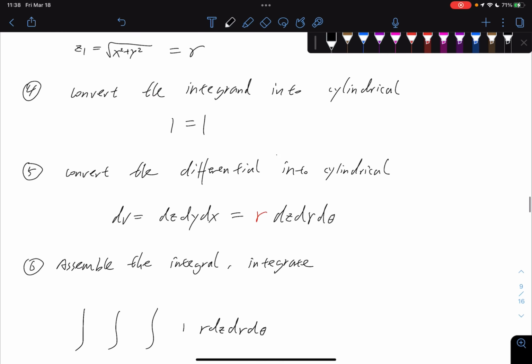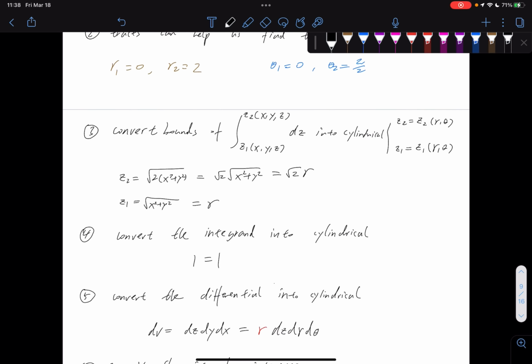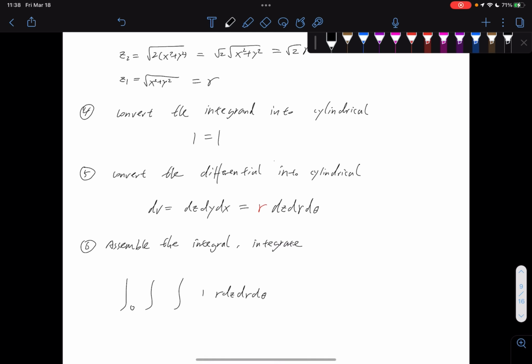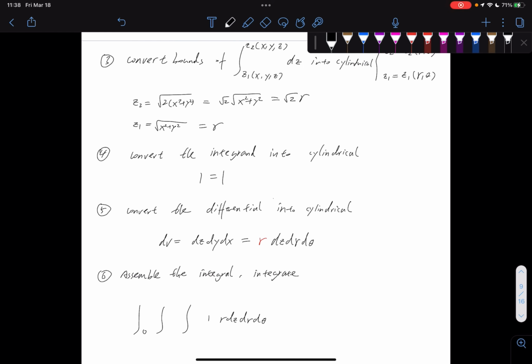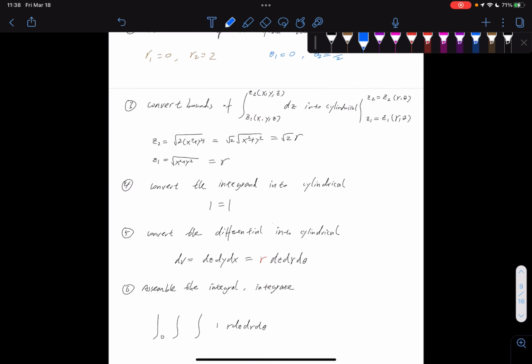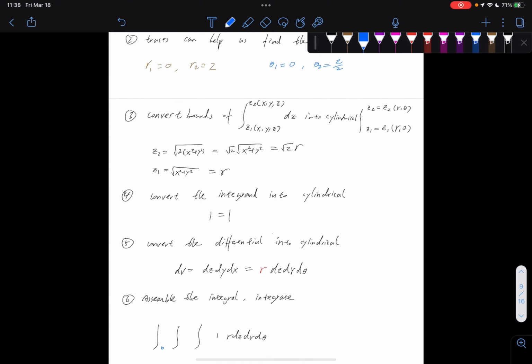The theta bounds will be the outermost, so that's 0 to pi over 2. And then r goes from 0 to 2.